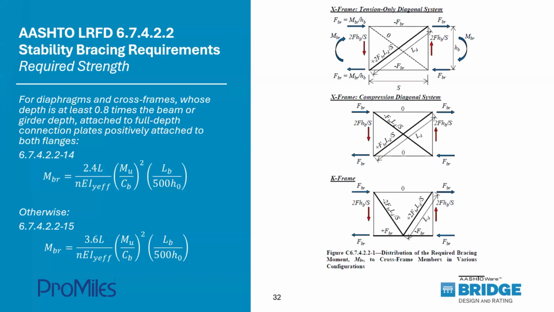The commentary to this new spec article is extensive. It provides detailed examples for how to distribute this required bracing moment into cross-frame member forces. And then whatever forces are calculated here are added to any forces calculated during the analysis.